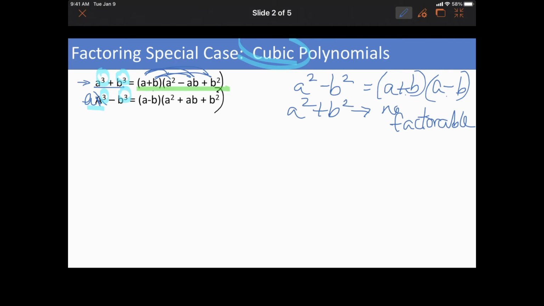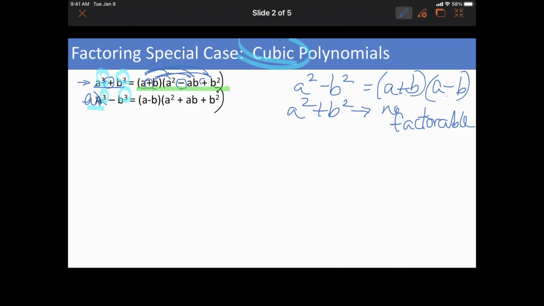So when you have this, you have to take the cube root of a and cube root of b. Finding that is the most important thing. And once you do it, you just put it into this formula. So it's a plus b times, don't forget the parentheses, a squared minus. So it's the opposite sign of what is given. Here it's the same, right? And then here's opposite.